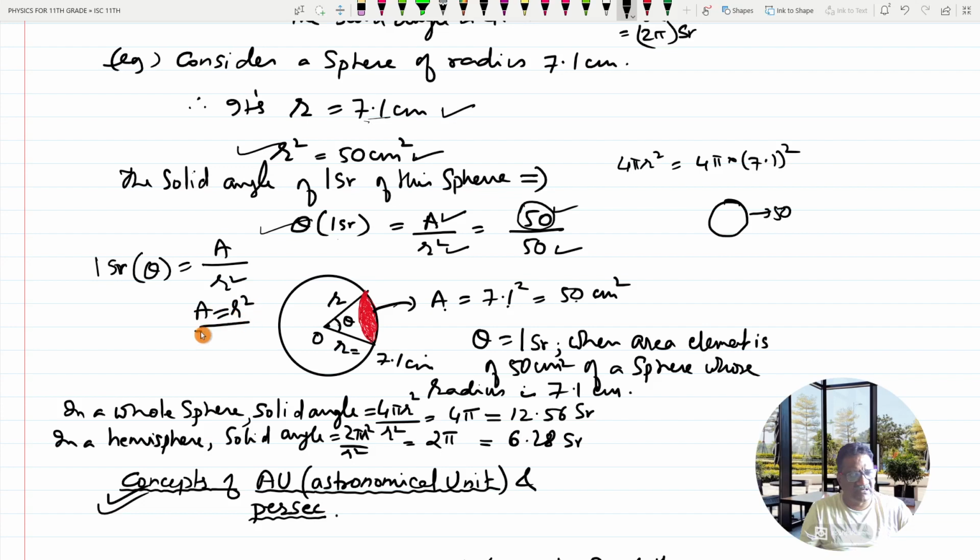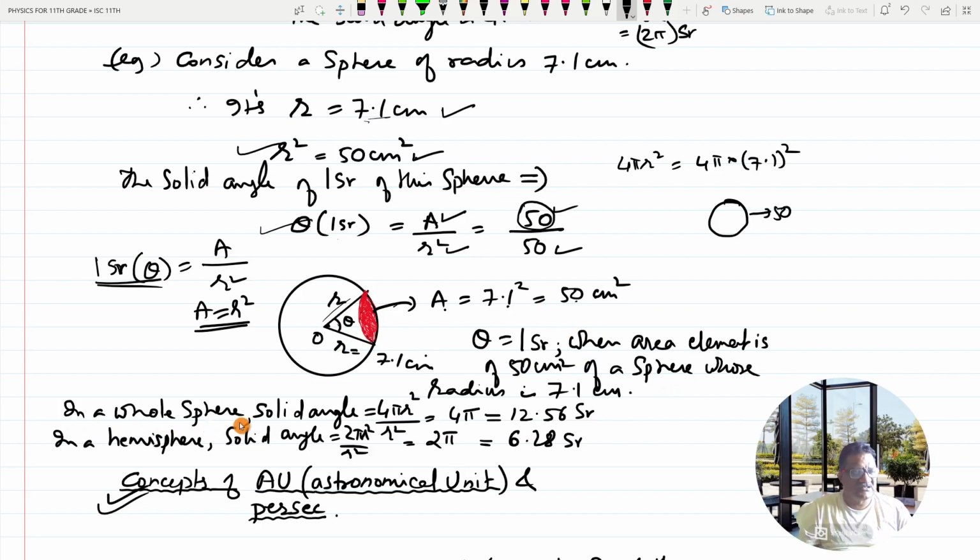When that is the situation, this solid angle will be equal to 1 steradian. So theta is equal to 1 steradian when the area element is 50 centimeter square and the radius square is also 50 centimeter square.